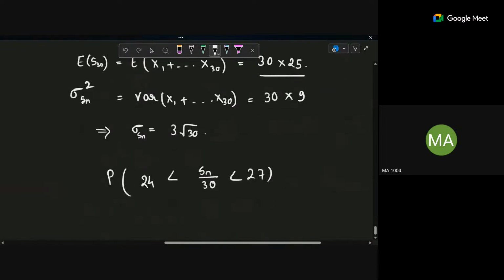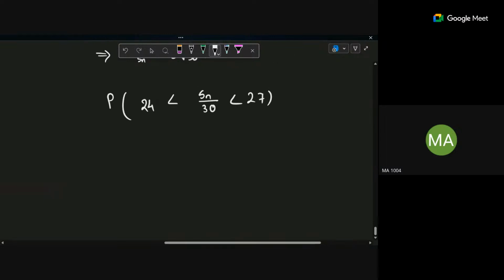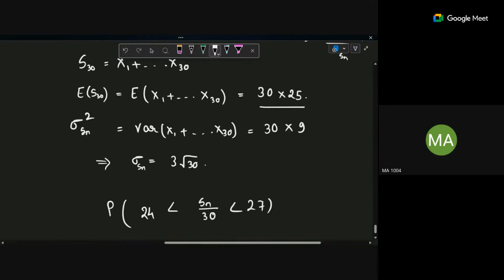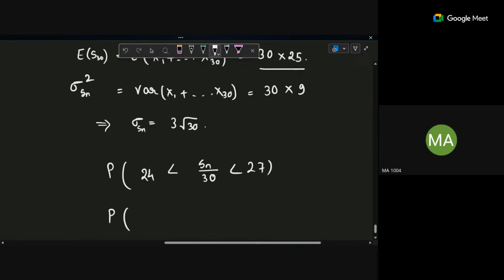Is it fine if I write this like that? How to do that? Subtract 25 from both sides, or 25 into 30, that is also fine. So we just directly do that. Just subtract 25 and divide by 30.